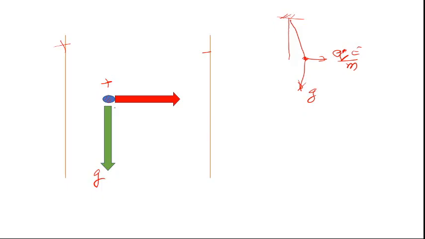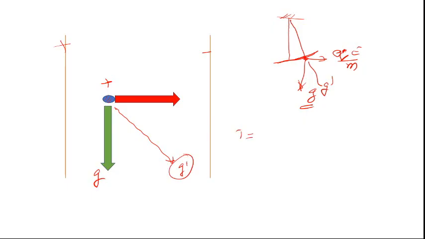If you call g dash the resultant acceleration, that is in this direction. So therefore the pendulum bob will oscillate like this. Because of g dash, not g, its period should contain g dash, not g.